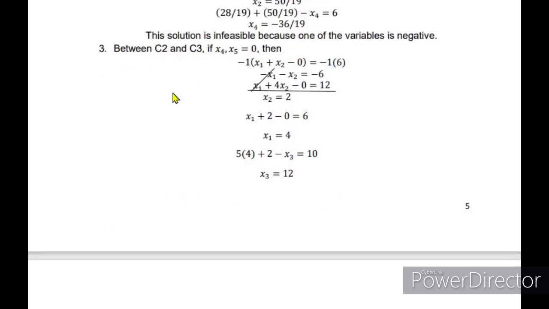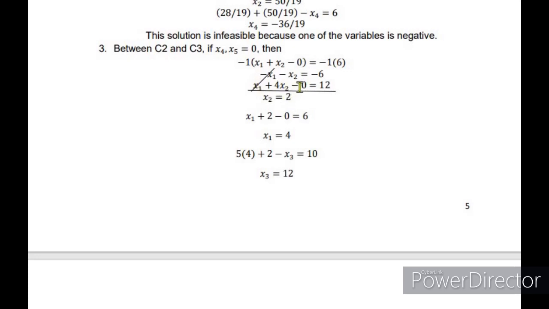Next, number 3, between constraint 2 and constraint 3, if x sub 4 and x sub 5 are equal to 0. So you notice that this is the second constraint and this is the third constraint. We just multiply negative 1 to the second constraint to eliminate x sub 1, because negative x sub 1 plus positive x sub 1 is equal to 0. So what is left here is x sub 2.